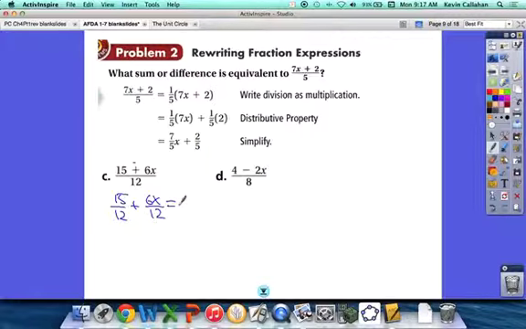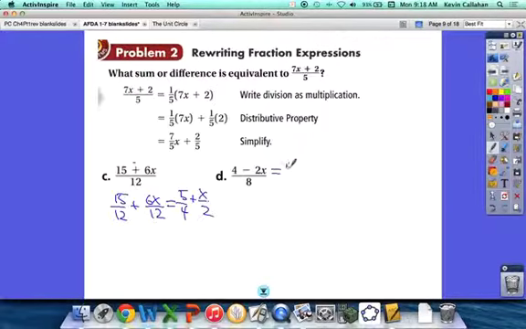So how many 3's in 15? 5. And how many 3's in 12? 4. And then the 6x over 12, well, 6 goes into 12 twice. So this is just going to be x over 2. Now they've got different denominators, but that's fine, because that's why you split it up, so you can simplify them the most. How about this one here?